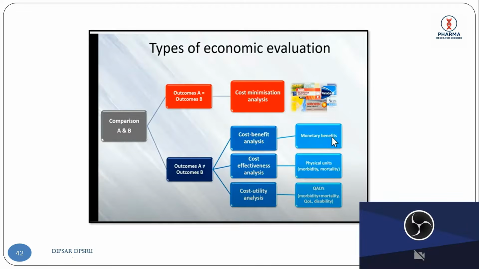The reason is because it's not easy to calculate the outcomes in terms of monetary benefits. कि आउटकम भी आपको मॉनेटरी बेनिफिट्स में निकालनी है, वैसे नहीं निकालनी है। अगर आप ऐसे निकाल रहे हो कि ब्लड ग्लूकोज कम हो रहा है, अगर आपका 5 mg per dL कम हो रहा है, तो वो 5 mg/dL कम होने से आपका कितना पैसा बेनिफिट हो रहा है, वो कैलकुलेशन होता है। That's why cost benefit analyses are fewer as compared to cost effectiveness, where you have direct values, the outcome is in physical units. In cost utility, you are talking about outcome in terms of value, DALY, that we already discussed. That is also not very hard to calculate, right?